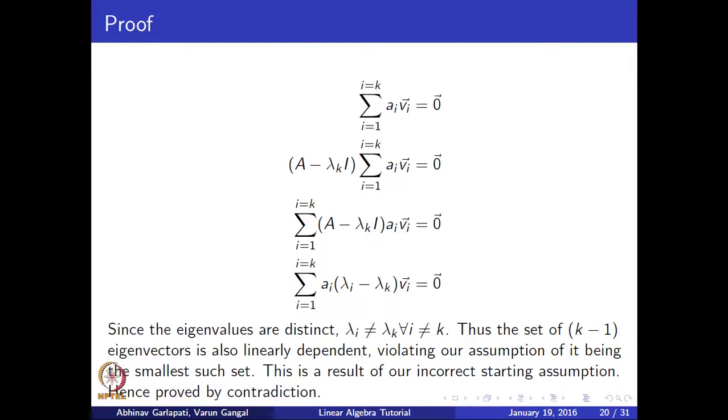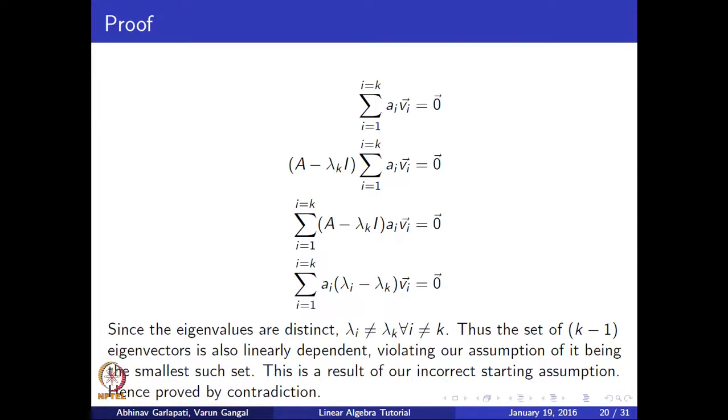Since Vk is an eigenvector of A, (A minus lambda_k I) Vk will be equal to 0. We can understand this from the characteristic equation. Hence, the term corresponding to Vk disappears from the equation since it goes to 0.